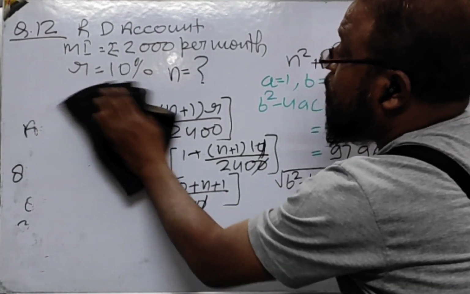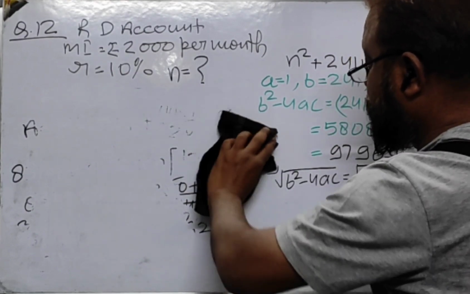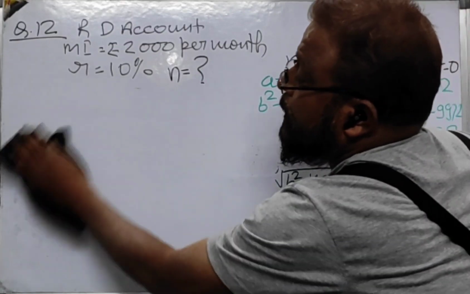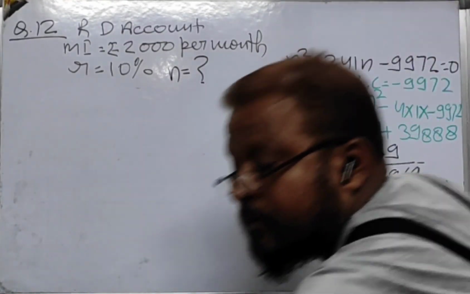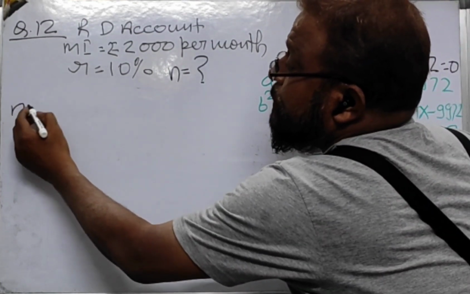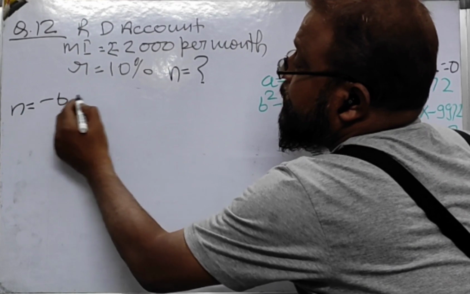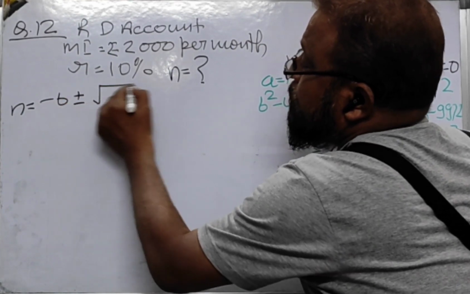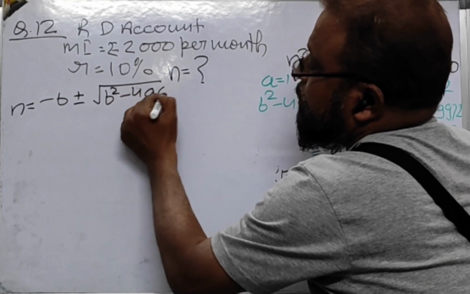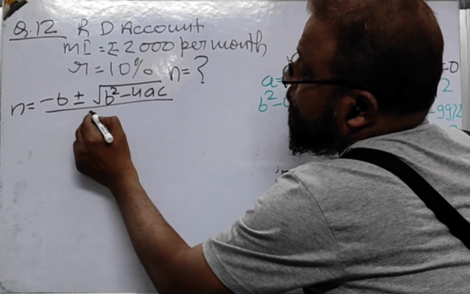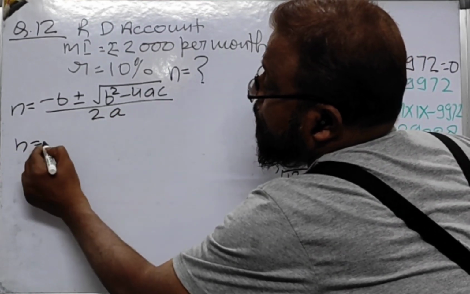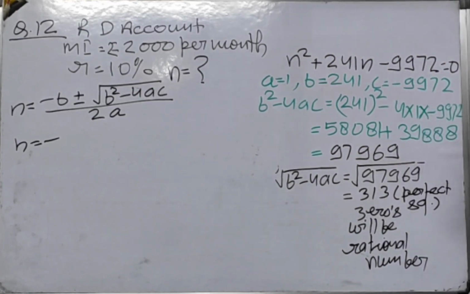So now n is equal to minus b plus minus square root of b square minus 4ac upon 2a. n is equal to minus b, minus b is how much?